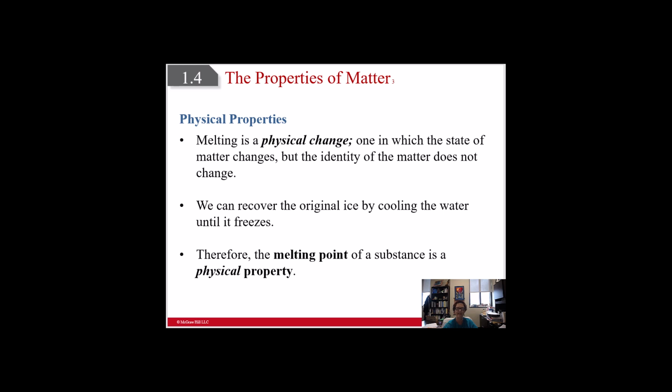But the identity of that material or that matter doesn't change. So we have physically changed it from one state to another, but it's still that same material, okay? We can recover the original by cooling it down and letting it freeze again. So melting point of a substance is a physical property as well as freezing point.